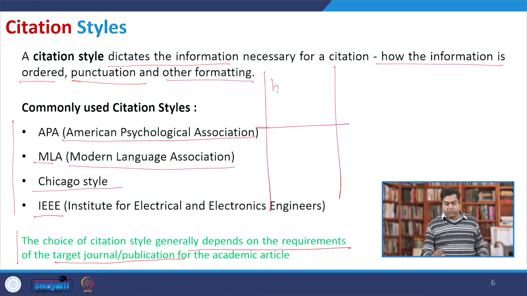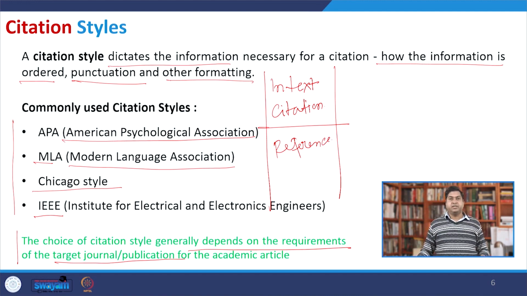One is your in-text citation and the other one is your references. In-text citation is where you are writing a statement, and just after that you insert the citation, or you can also start a sentence by citing some of the papers or the authors who have authored them.